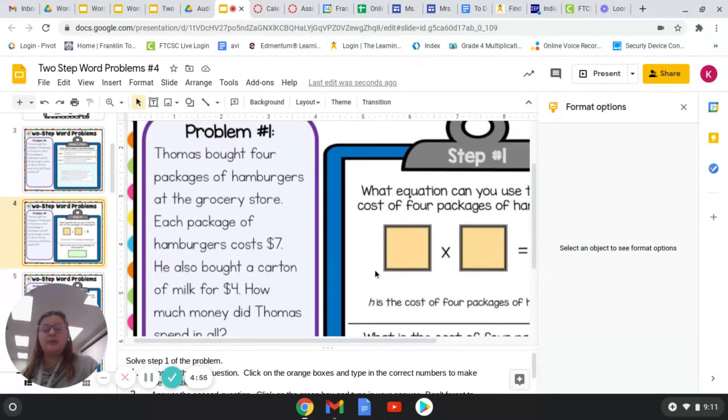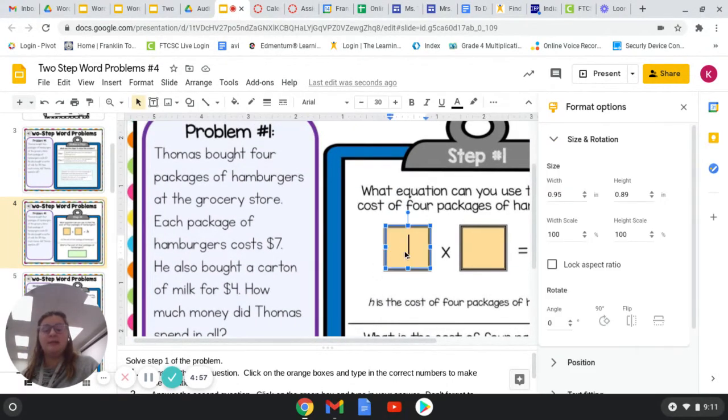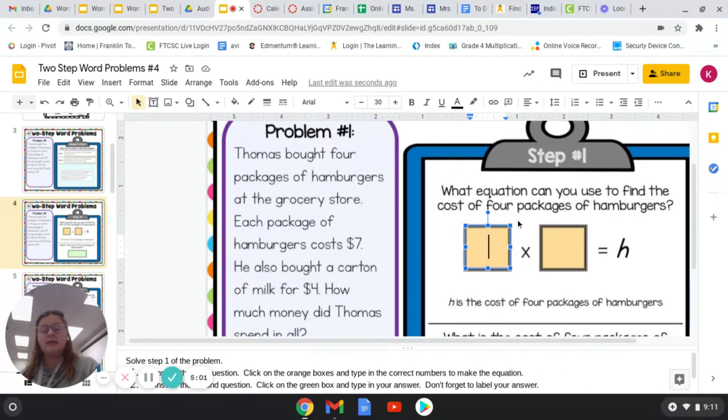I'm going to type in this box that he bought 4 packages of hamburgers, and I know that each pack of hamburgers cost $7.